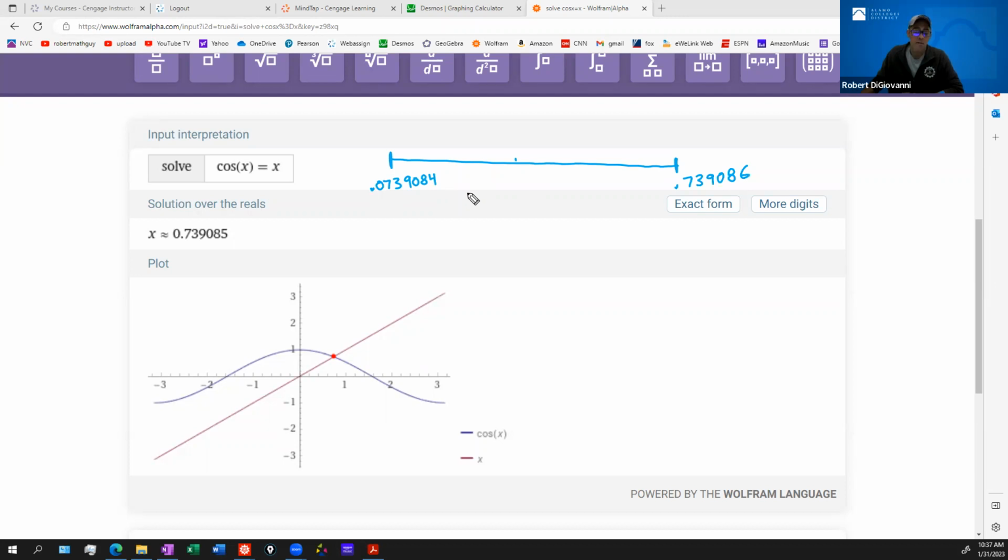And then it said, okay, well, these numbers are really close together. So the computer's saying, whoever wrote the code says, once you get the interval down to a certain width, just go ahead and spit back the number right in the middle of those two, and just present that as the answer.